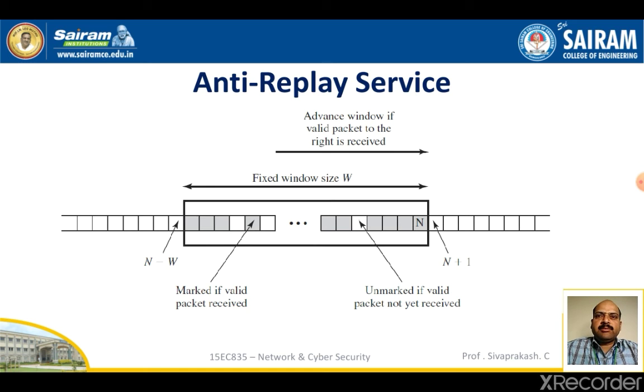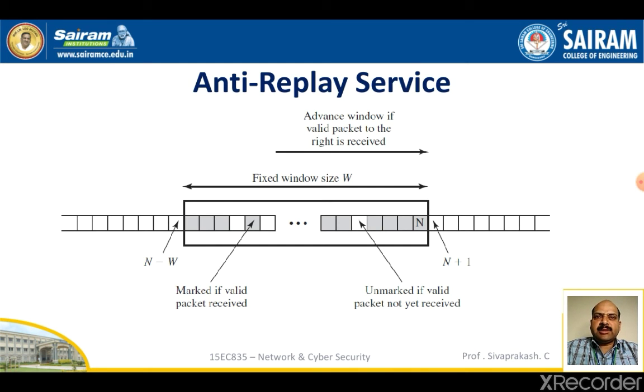Inbound processing proceeds as follows when a packet is received. Let us see about this inbound processing. If the received packet falls within the window and is new, the MAC is checked. If the packet is authenticated, the corresponding slot in the window is marked. If the received packet is to the right of the window and is new, the MAC is checked.